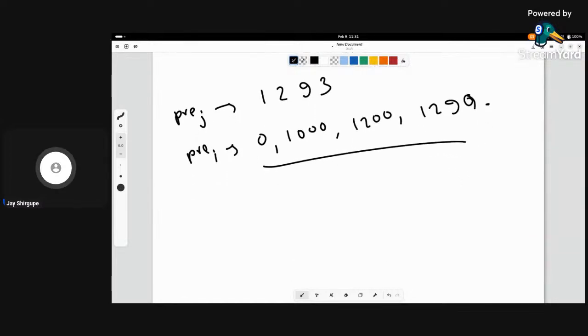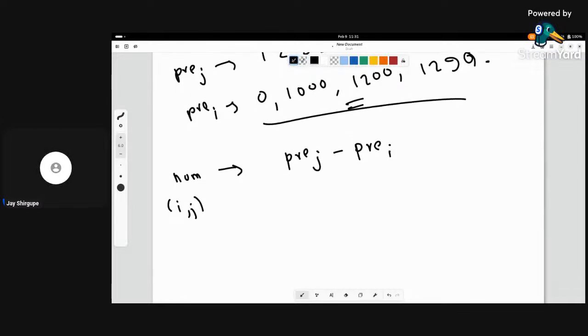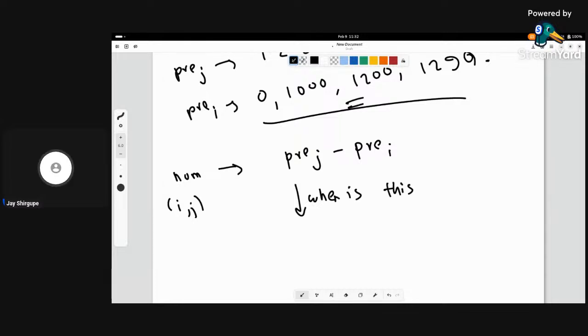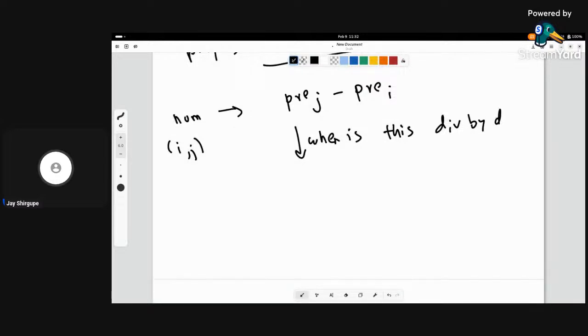Now, by fixing i and j, the value of your number is equal to prefix of j minus prefix of i. The question is, when is this divisible by d? Well, this being divisible by d means that prefix of j minus prefix of i modulo d is equal to 0.